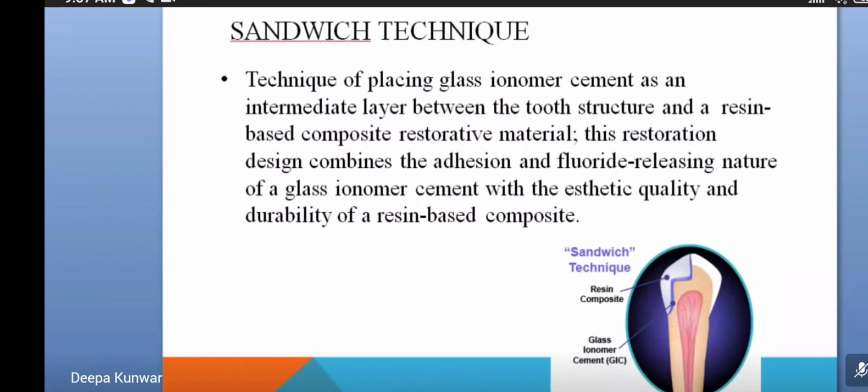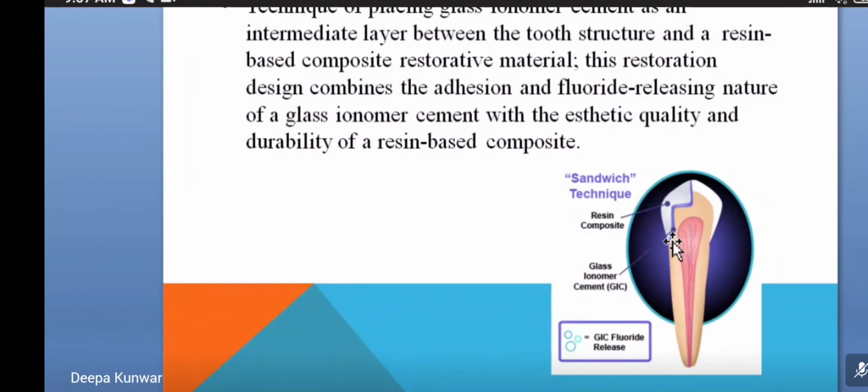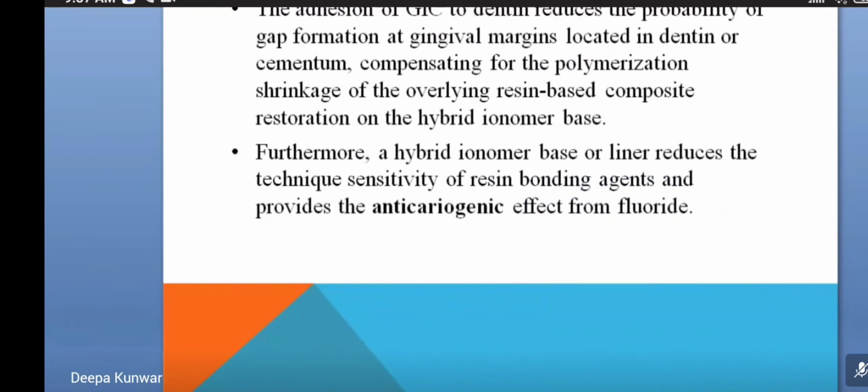In the sandwich technique, we place the glass ionomer cement in between the composite and the tooth structure. Glass ionomer is taken as a sandwich material between the tooth structure and the composite.